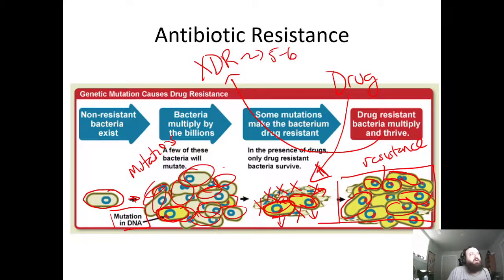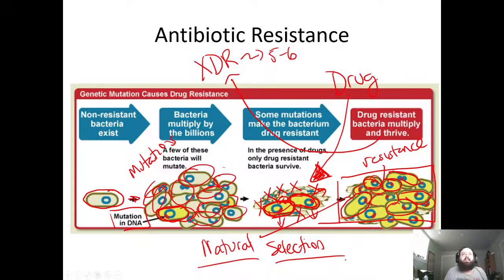And when you expose the bacterial population to the drug, those cells that are slightly or fully resistant to the drug are going to replicate more than those that aren't. So that when we look in subsequent generations of this bacterial population, there will be a much greater proportion of cells that carry the resistance. This is classic natural selection for those of you that are interested in continuing on in biology. This will become a pretty big topic.